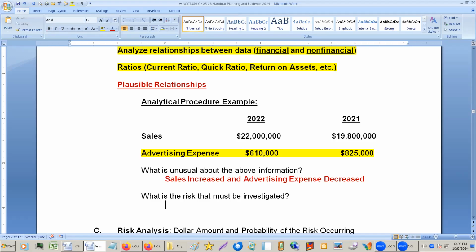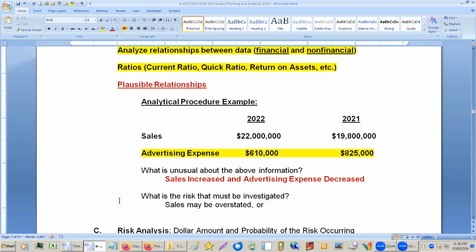That the sales are overstated? Very good. Sales may be overstated. Or what?